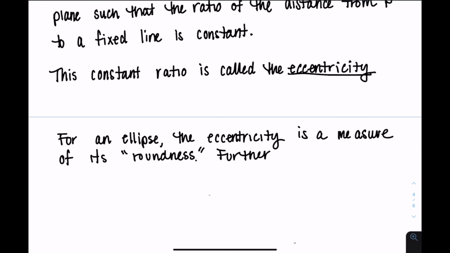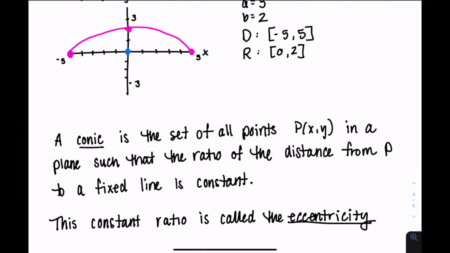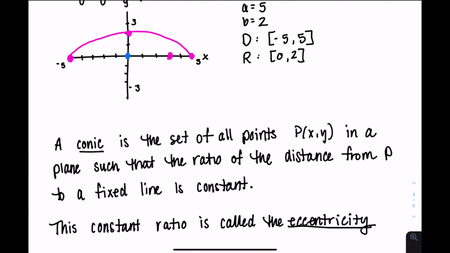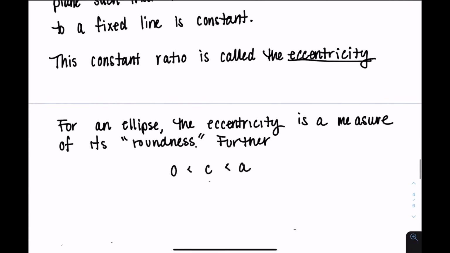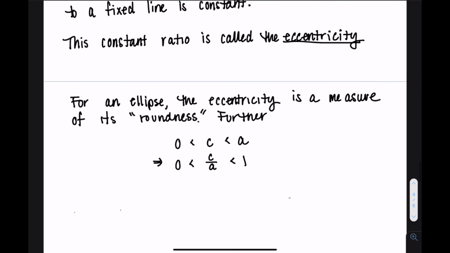So anytime we have an ellipse, because we have that formula c squared equals a squared minus b squared, we always are going to find that the value of c is smaller than the value of a, because your foci have to lie in here. This distance is c, this distance is a. So we get this relationship. So if you divide by a, you're going to get this ratio, c over a is less than 1.